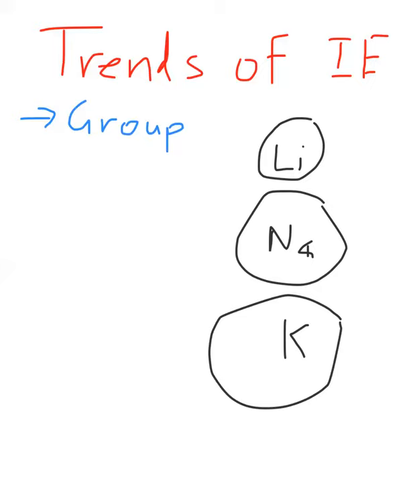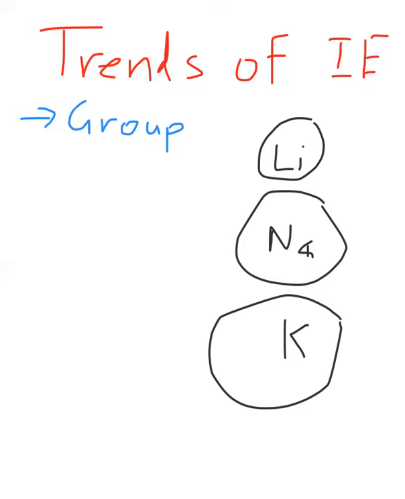So that is why in potassium, the outer electrons will be further away from the nucleus than in lithium, which is why the attraction of the nucleus to the outer electrons will be weaker.